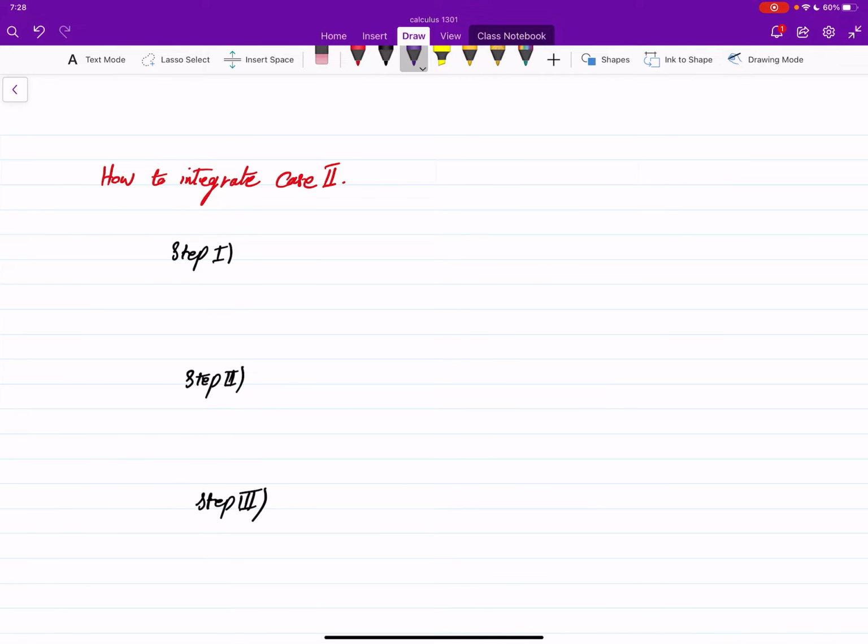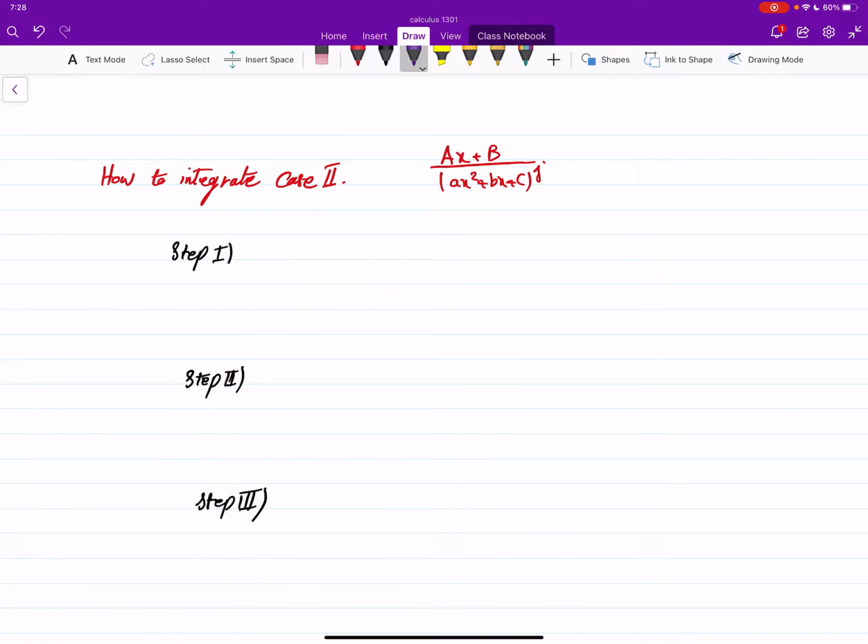So the first thing is what kind of functions we are dealing with. Remember that case 2 is ax plus b over ax squared plus bx plus c to the power j. So if there is an x in the numerator, the first thing you have to do is use that x to generate the derivative of ax squared plus bx plus c in the numerator.